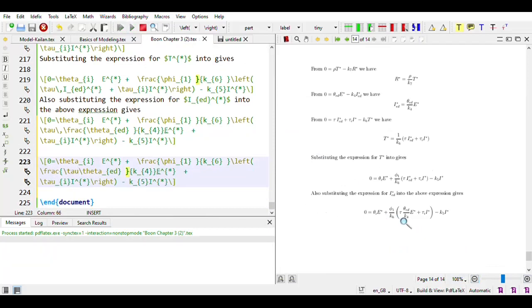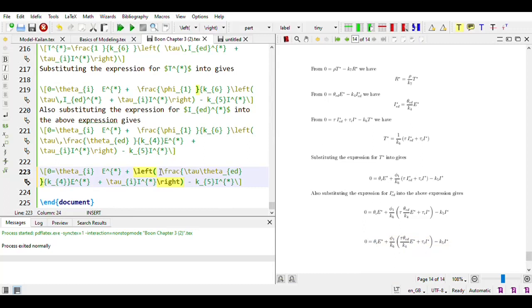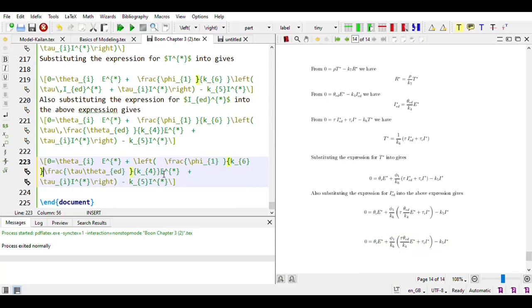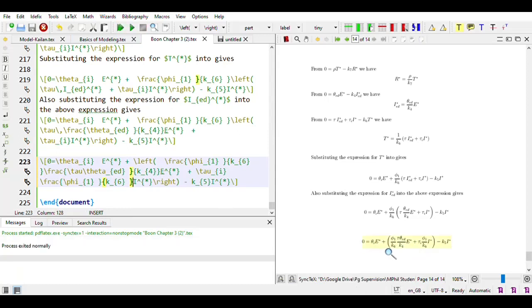And that gives us whatever we have here, right? And then we're multiplying through by phi 1 over k6. If we multiply through by phi 1 over k6, that gives us whatever we have here, and then times tau_I over that. So that gives us this expression, and we can do away with the brackets and then group our like terms.